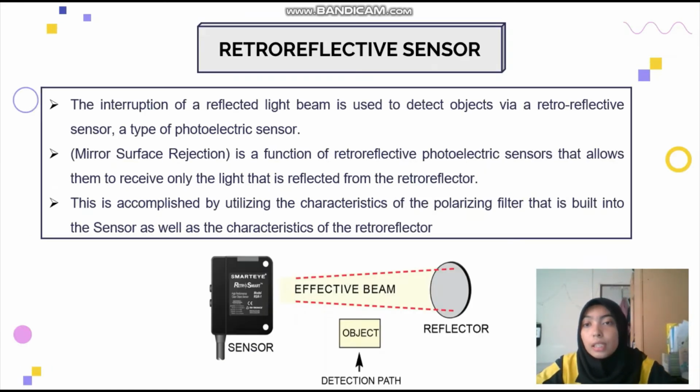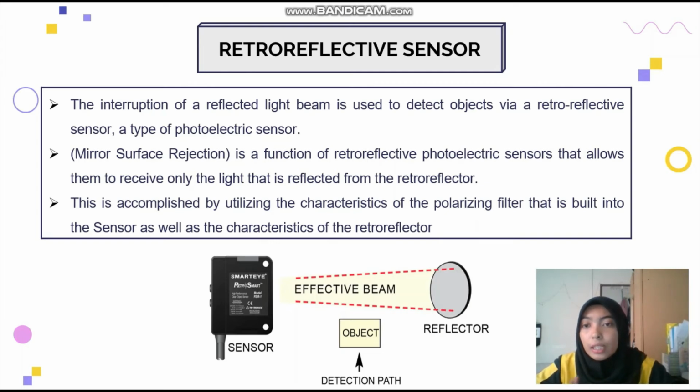The last sensor is the retroreflective sensor, in which the interruption of a reflected light beam is used to detect objects. It is a type of photoelectric sensor.